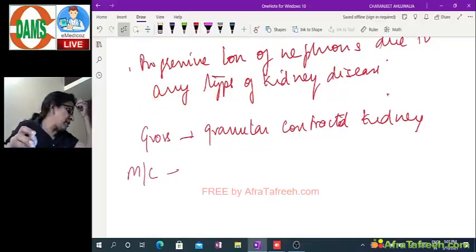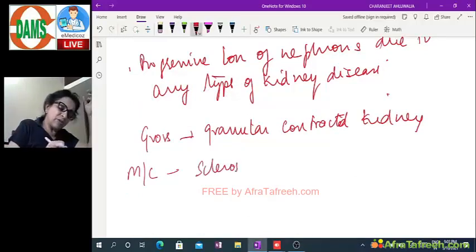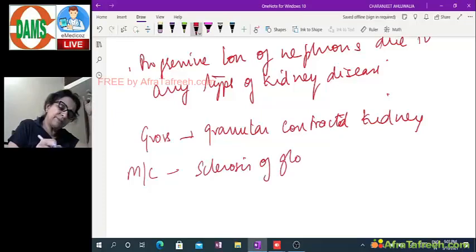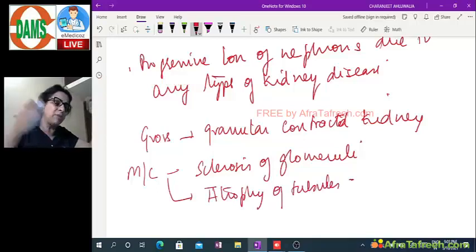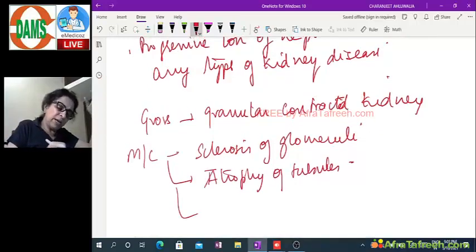So now what do you see? The glomeruli are lost; there is sclerosis of glomeruli. Second, there is atrophy of tubules. So glomeruli are gone, tubules are gone. Third, look at the interstitium.